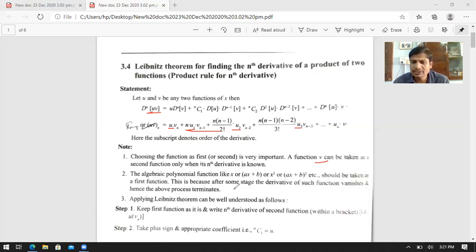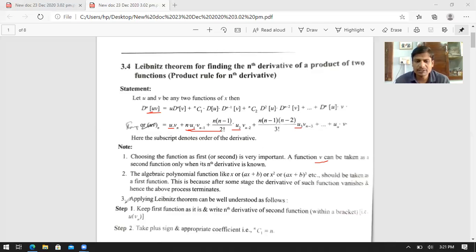This is because after some stage the derivative of such a function vanishes. Suppose we take x square: its differentiation is 2x, the differentiation of 2x is 2, and after that the differentiation is 0. Such a function vanishes and hence the process terminates.